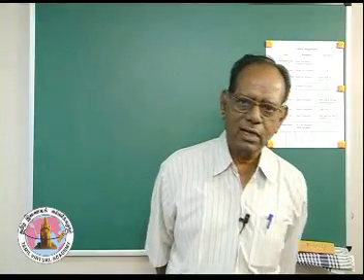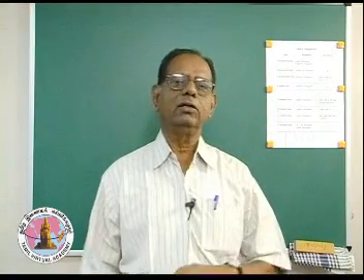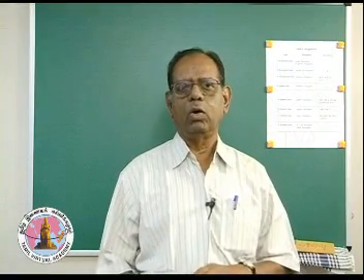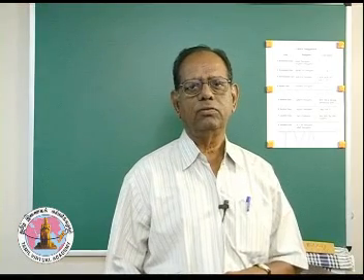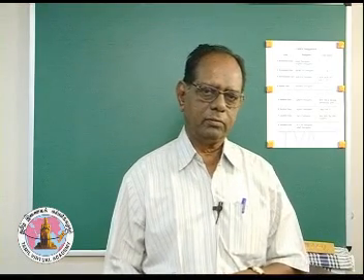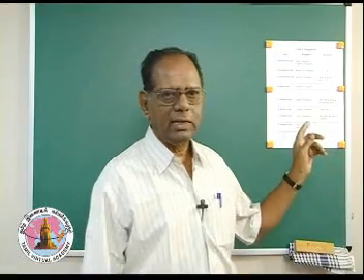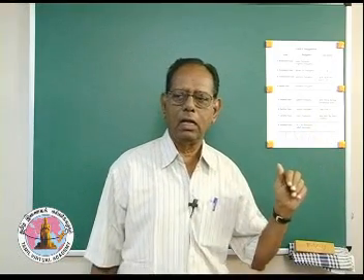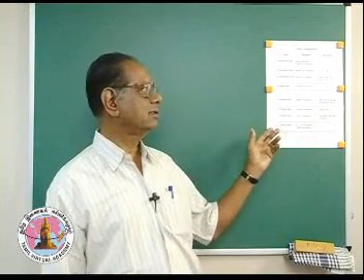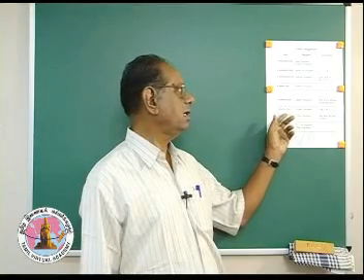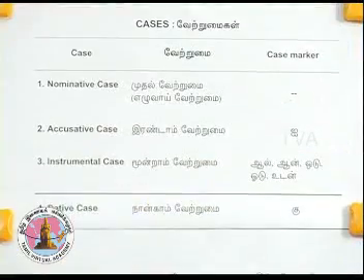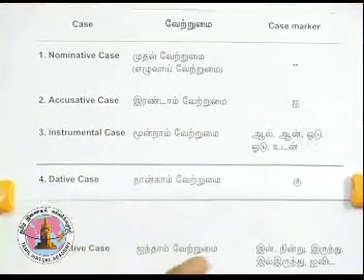Friends, in the last class we were trying to recall what we did a few weeks earlier regarding the cases. There are 8 cases and we have been discussing them, and we covered up to the ablative case, ஐந்தாம் வேற்றுமை.